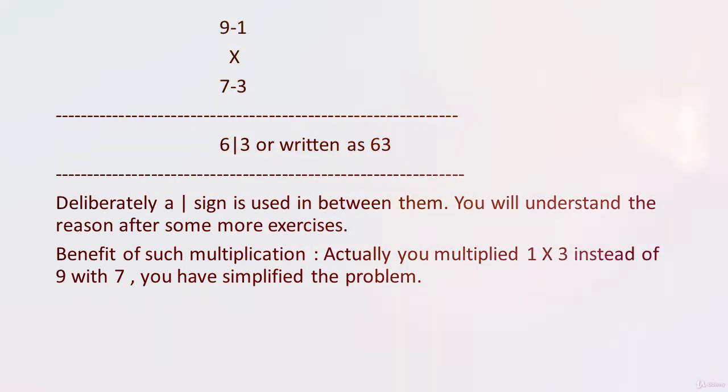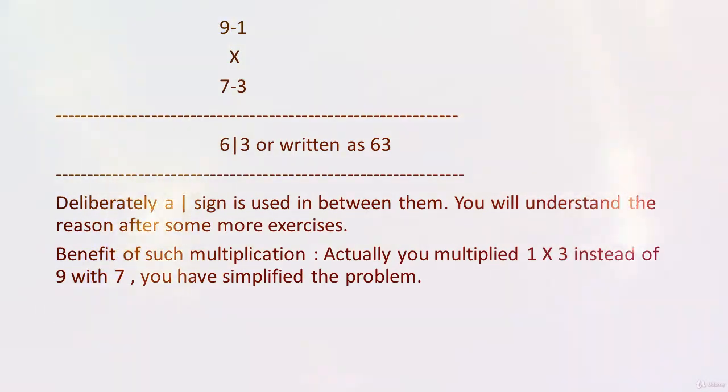That is, the deficiency in the first case was minus 1 and the deficiency in the second case was minus 3. So minus 1 will get multiplied by minus 3. So minus minus multiplication becomes positive. So the answer is 3.